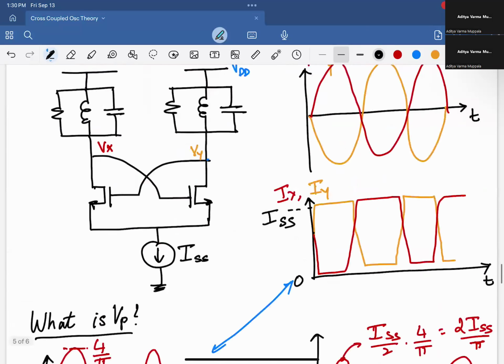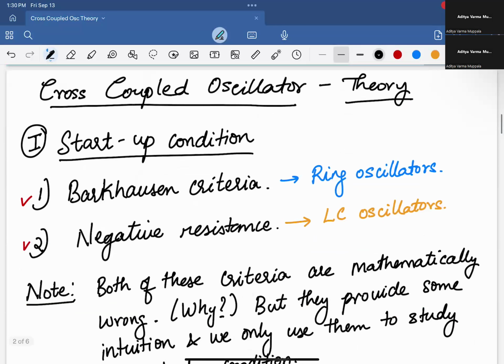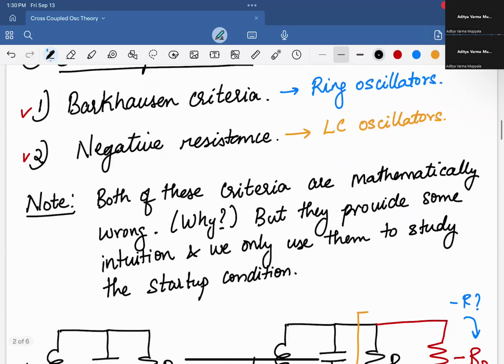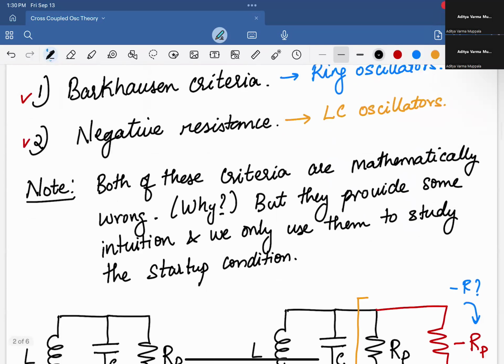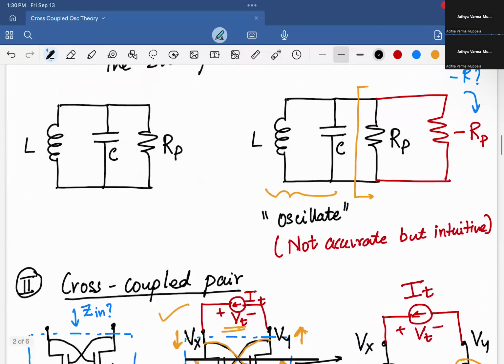Do a quick review before we get into the design procedure, which I'll cover pretty quickly. So we started with the startup condition. We said, okay, Barkhausen and negative resistance, both are used. Barkhausen is used for ring oscillator kind of architectures, typically negative resistance for LC. Both are mathematically not really rigorous, but they provide some intuition, and it's still okay to use them to study the startup condition that's required for oscillation.